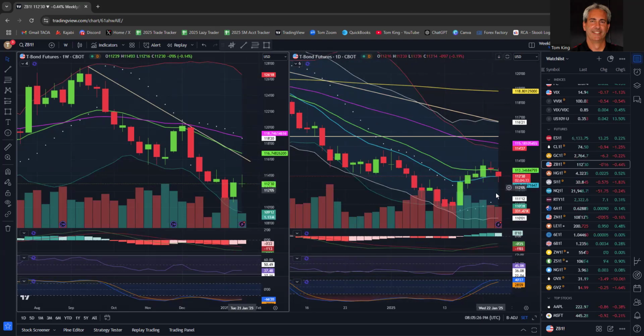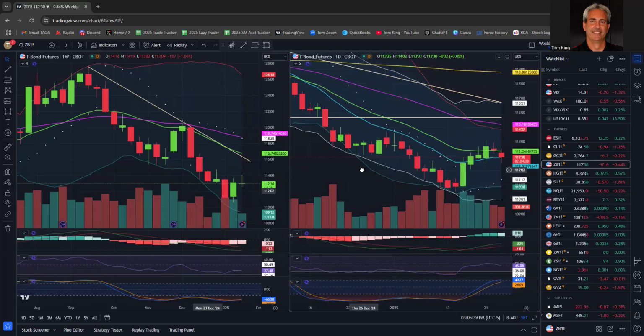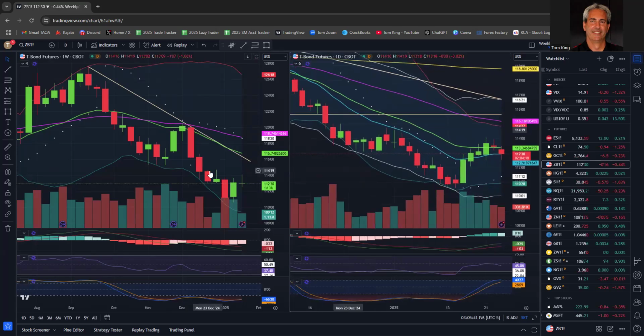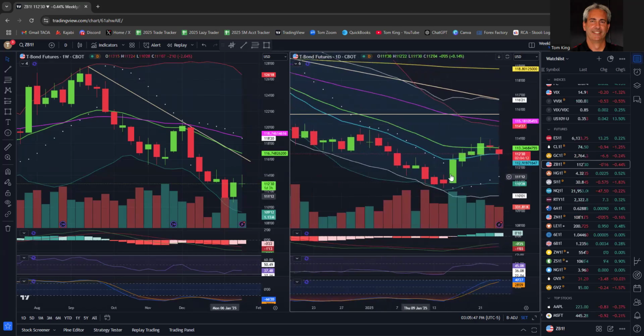We could still go back down and flip it, but we broke a strong trend here, and now we're potentially establishing a new uptrend. This will have to play itself out because the weekly is still bearish. I'm not putting tons of stock in this move, so I'm not buying lots of things.